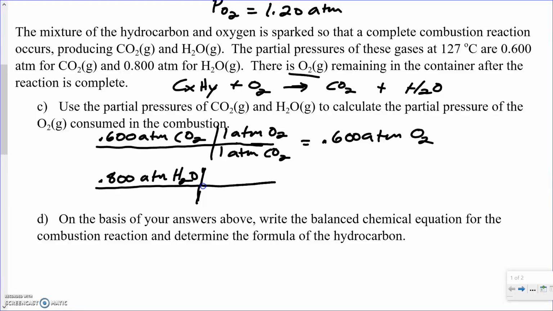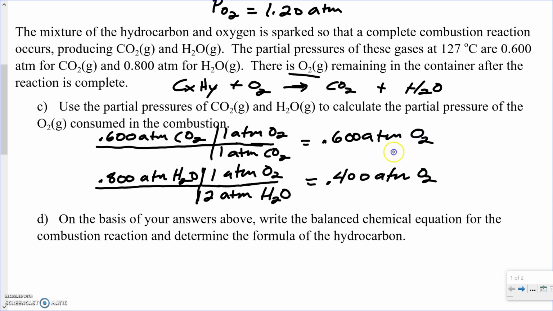I would set it up that for every 2 moles, or 2 atms, sorry, I keep switching back into moles, but it is the same thing in this case because of what we're dealing with. 2 atms of H2O would give us 2 oxygens, so that would leave us needing 1 atm of O2. So you're still multiplying by 1/2, and it works the same way. Okay, and that's going to give us 0.400 atms O2.